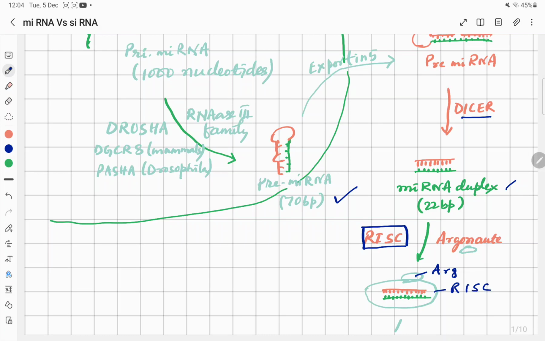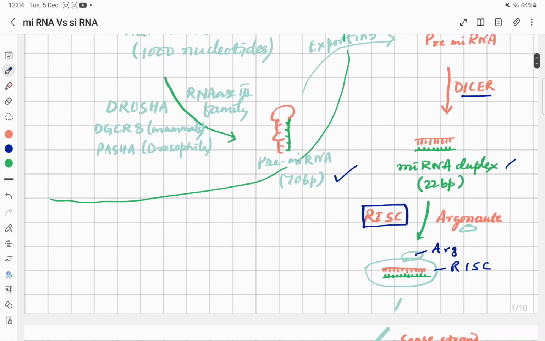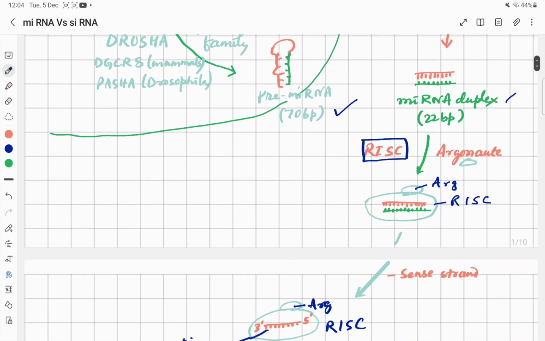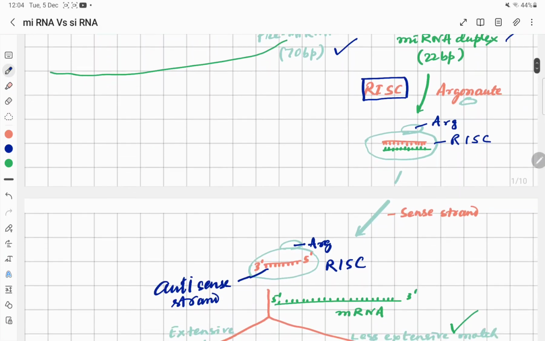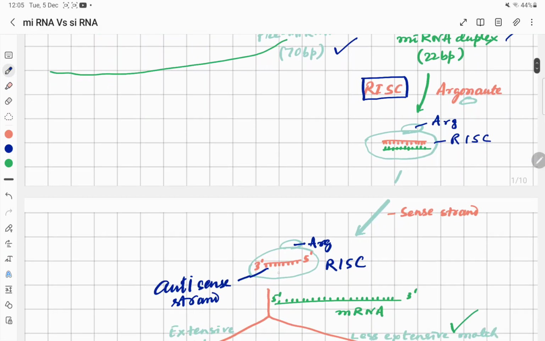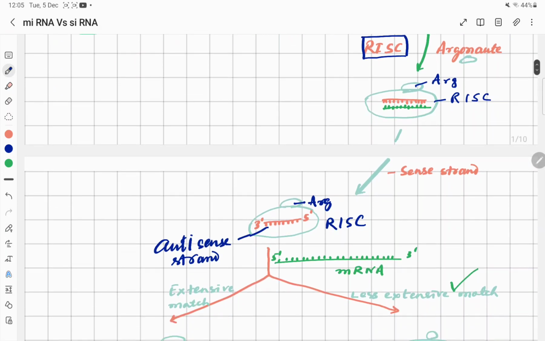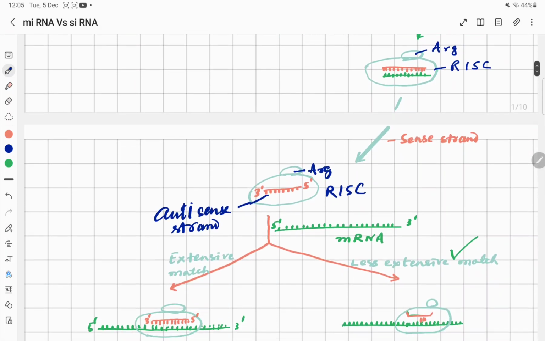And what will happen? This RISC complex will separate the sense strand, and the sense strand will be removed from this duplex of microRNA, and the antisense strand will remain, and this antisense strand of the microRNA now binds to the target messenger RNA.